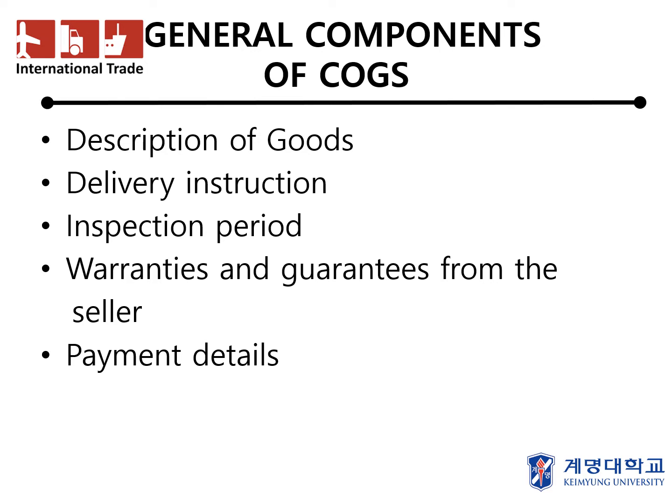And next are the warranties and guarantees from the seller. If there's some problem or malfunction with the products, how are you going to repair that kind of problem? What will be your conditions? Are you going to exchange it, return it, or replace it with a new product? So that could be the warranties and guarantees.